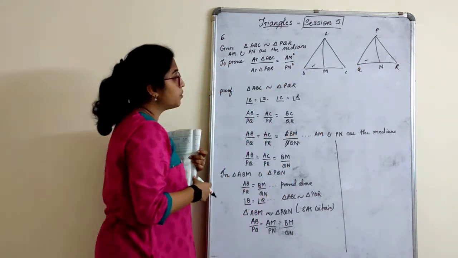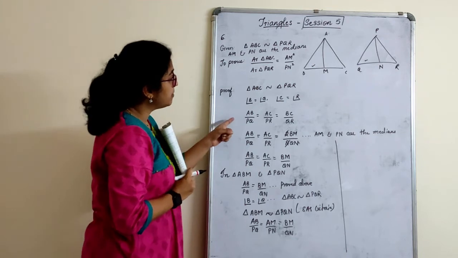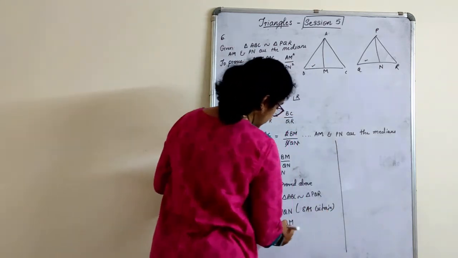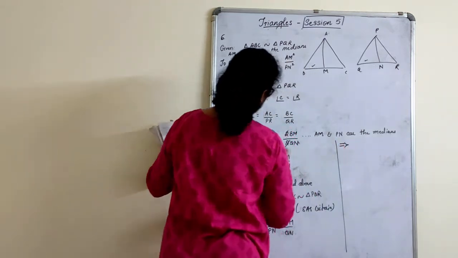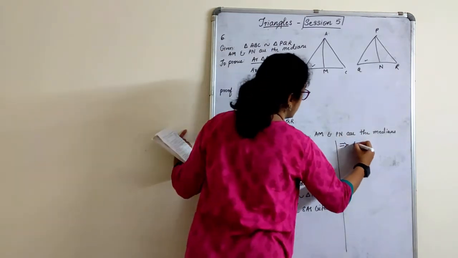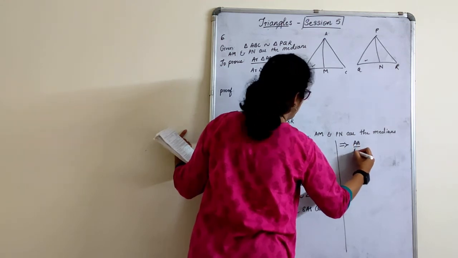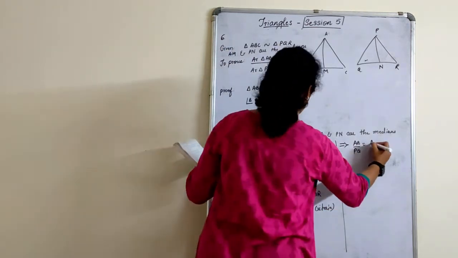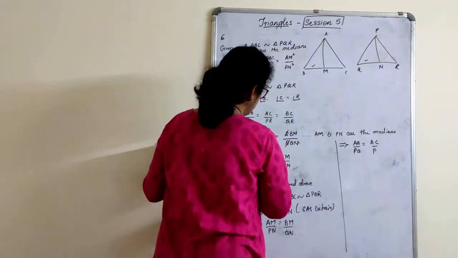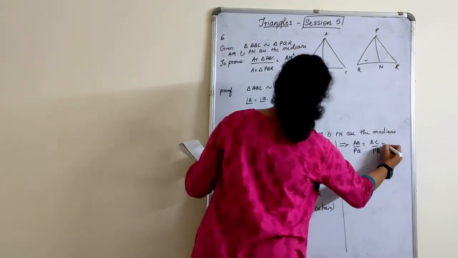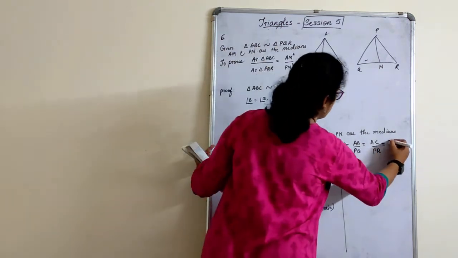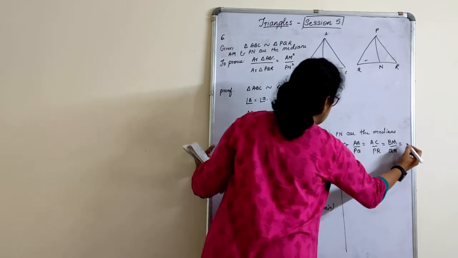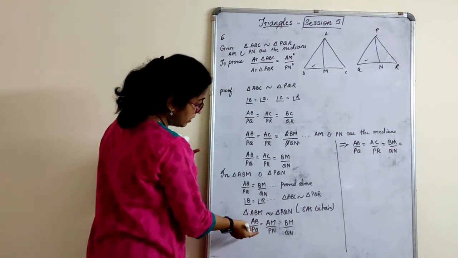So these triangles, they are already similar. So if they are similar, that means the sides are proportional, right? This implies AB upon PQ is equal to AC upon PR is equal to BM by QN is equal to, where is that one more part?